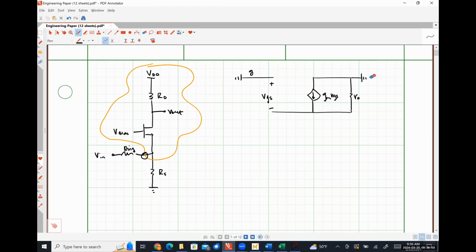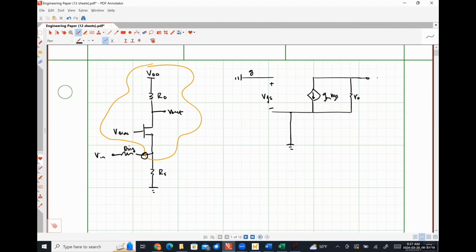It's where we are going to apply our input signal. No, or take our output out. So this is what our circuit would look like when we're taking the output resistance explicitly.